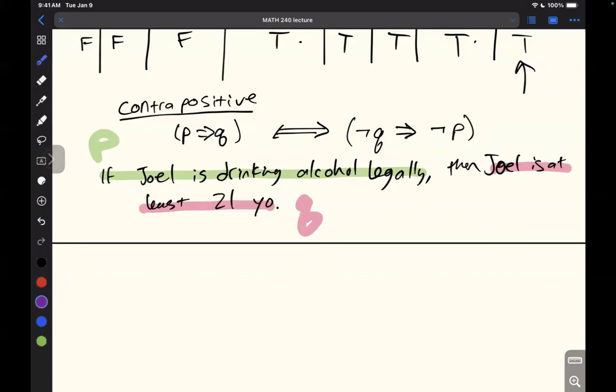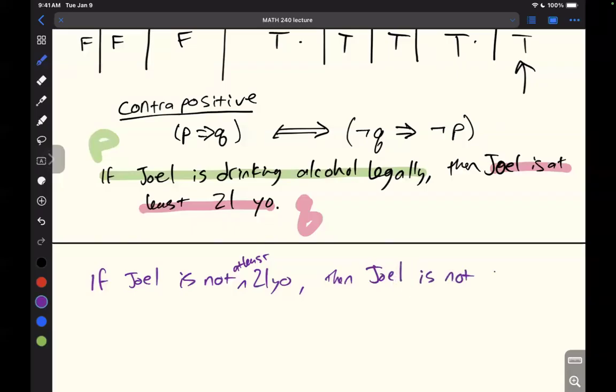And so the contrapositive of this is, if Joel is not at least 21, then Joel is not drinking alcohol legally, right?